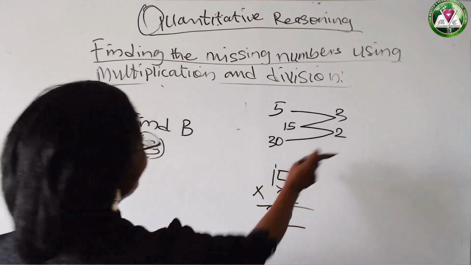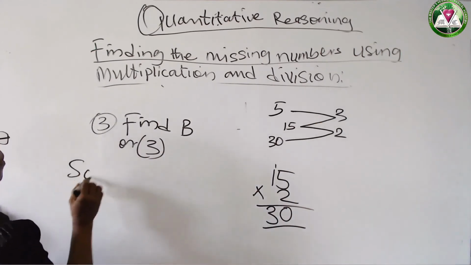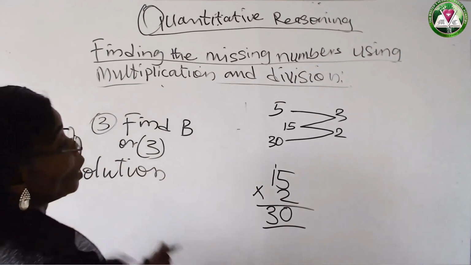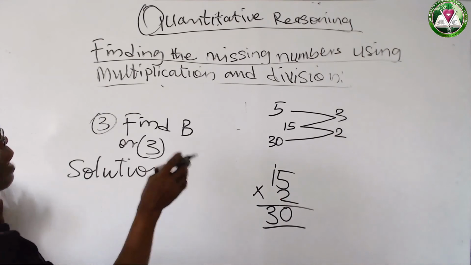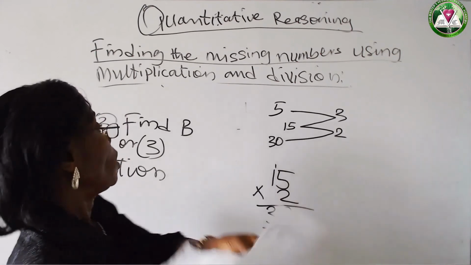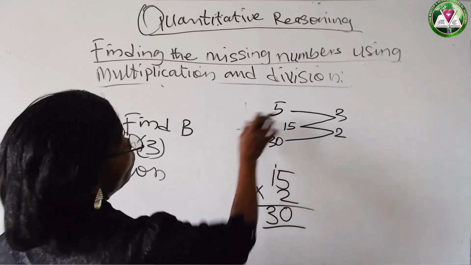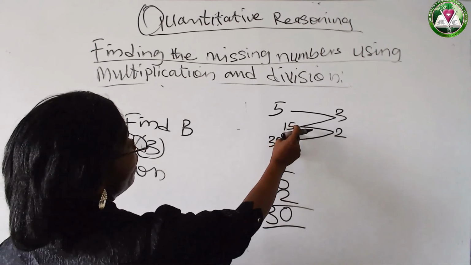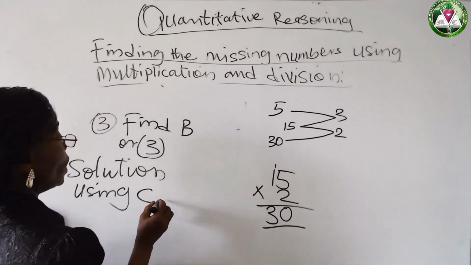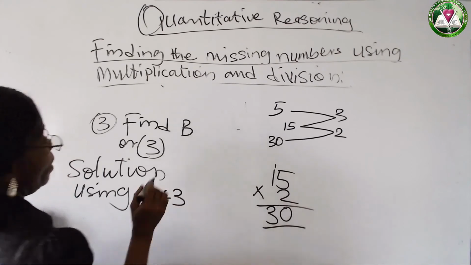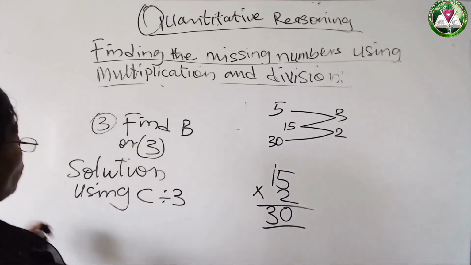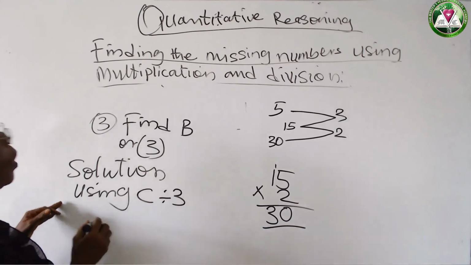How did we get 3 here? Okay, solution. To get 3, we say C divided by A. Using C divided by A. That will give us 3, and that will give us B. Okay, let's continue.